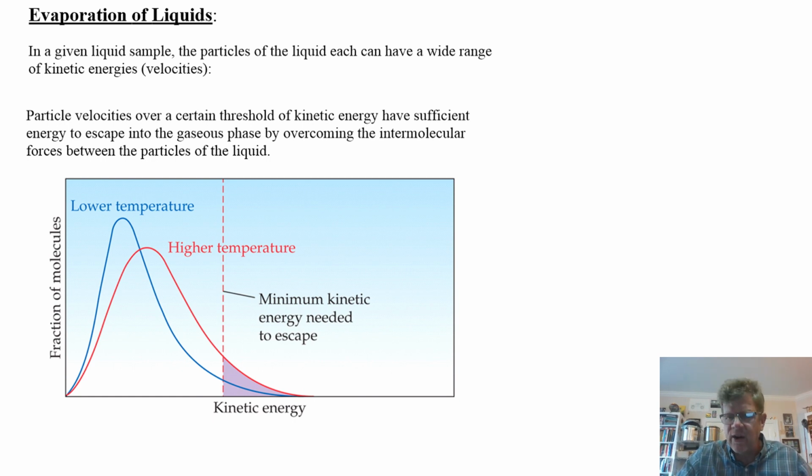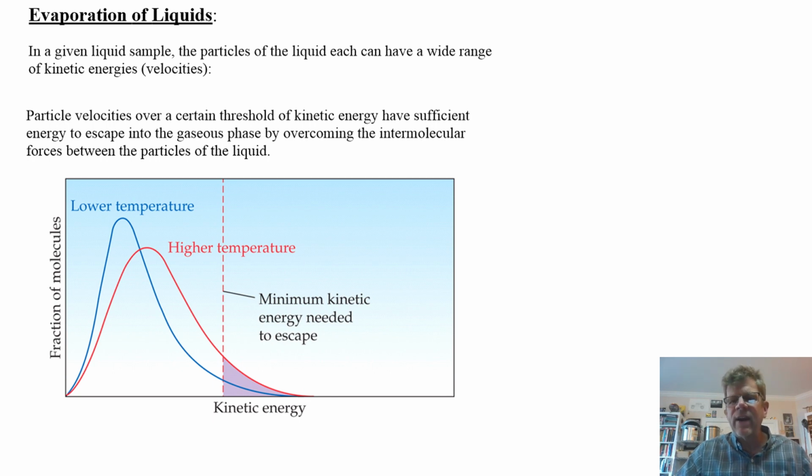Velocity is kinetic energy. As velocity increases, the kinetic energy of a particle increases. So that can eventually overcome the energy which is holding these particles together by their intermolecular forces.